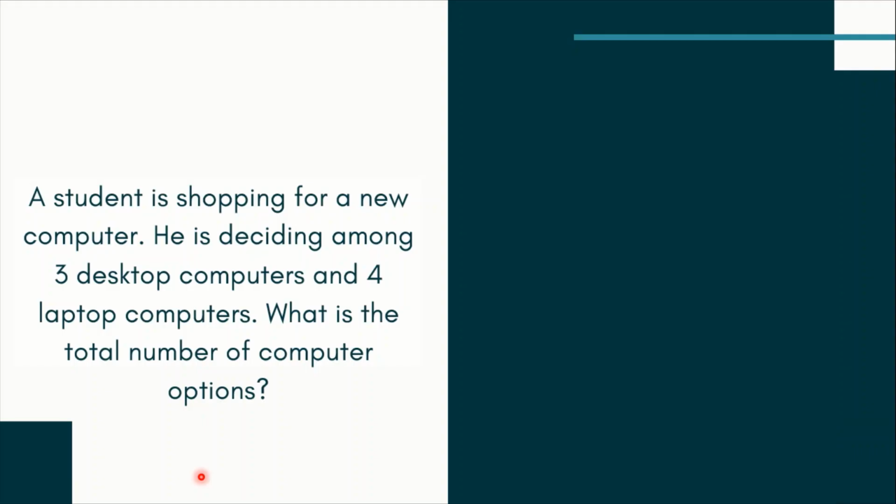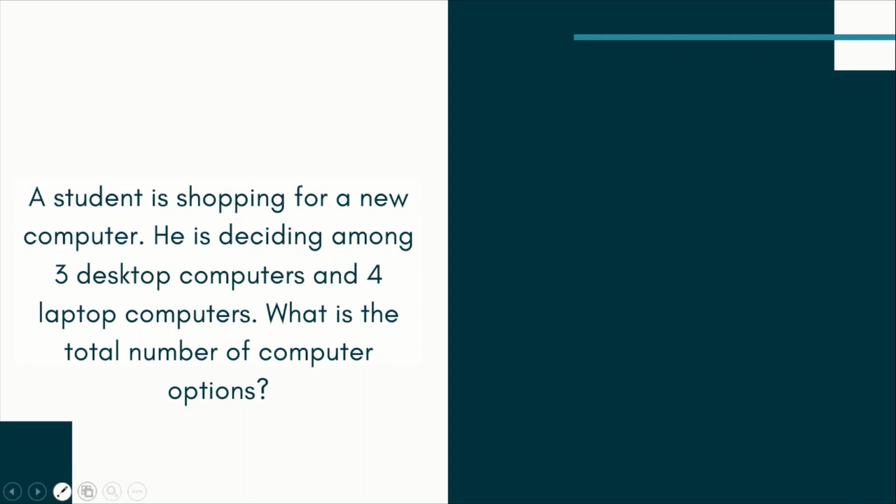Next, a student is shopping for a new computer. He is deciding among 3 desktop computers and 4 laptop computers. What is the total number of computer options? Anong rule kaya ang gagamitin natin in this scenario? Correct. Addition rule.